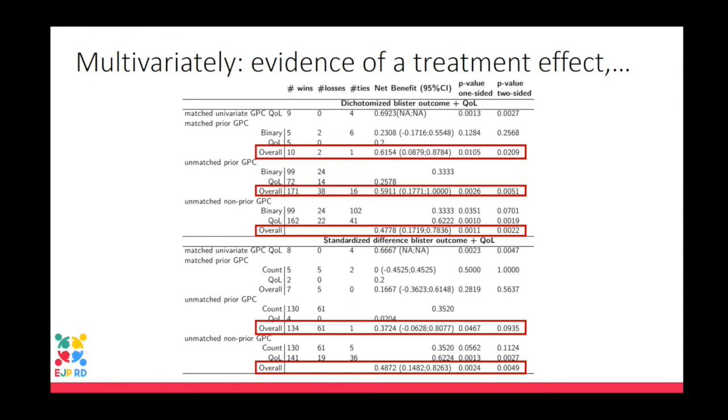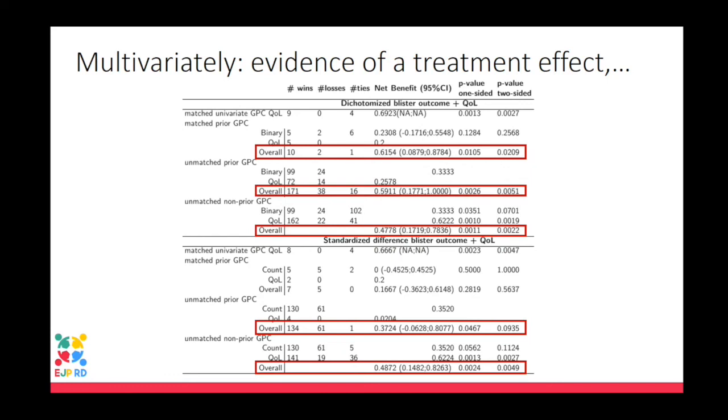Now I want to point out the advantage of using a GPC and presenting a GPC in this way. If we just focus on the unmatched prioritized GPC, you have the rank of your outcomes, and you can look at the net benefit at each level of those outcomes and actually see what the contribution is of each of those outcomes to the overall effect.